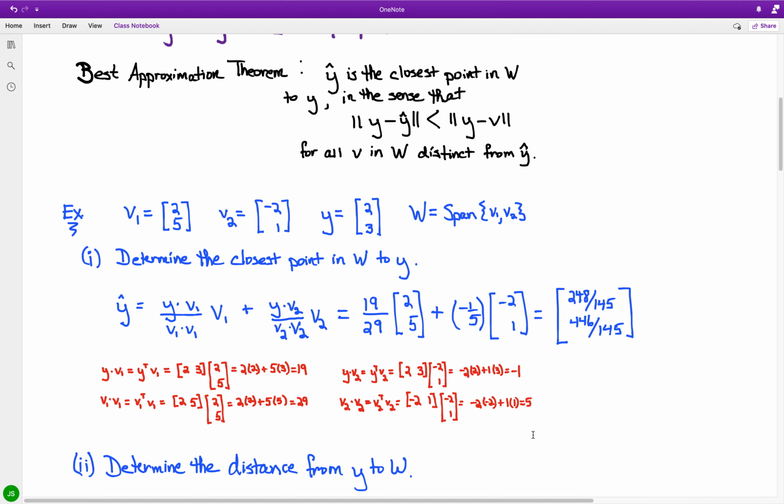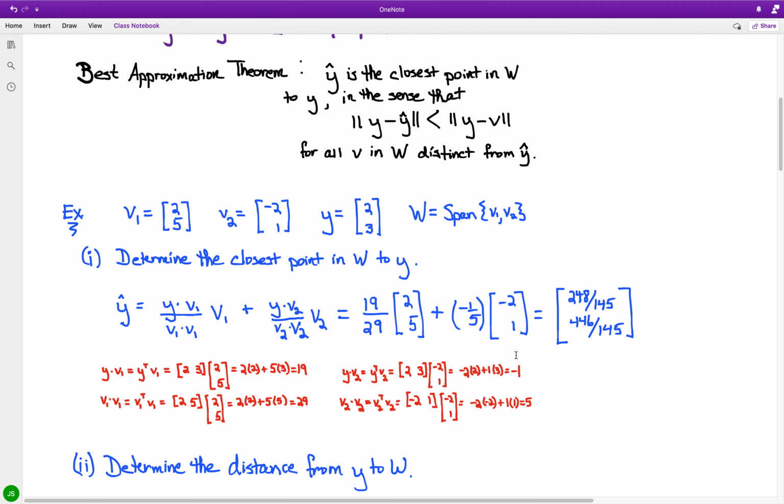Looking at the ratios, you have 19/29 v1 plus negative 1/5 times v2, which is negative 2, 1.